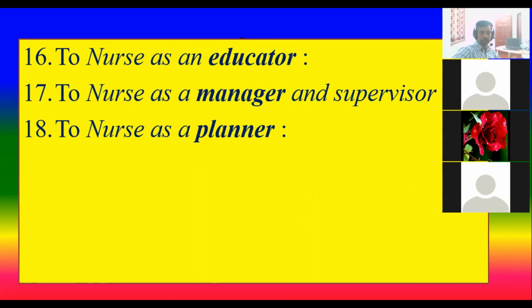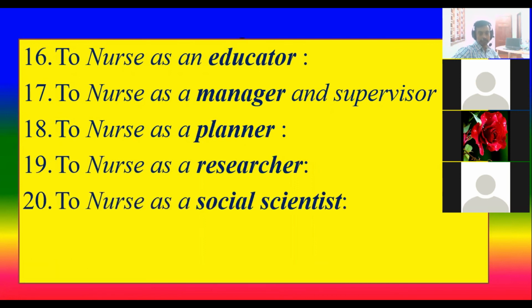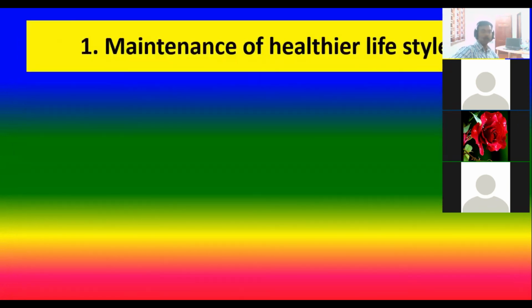The nursing plan, the nurse as a planner, researcher. Twenty, nurse is a social scientist. The sociology is very, very important for nursing. Detail will be learned next class. So 20 points, this is most important for final examinations. Just keep in your mind what are the importance of sociology in nursing.